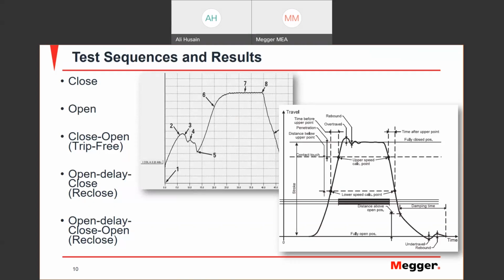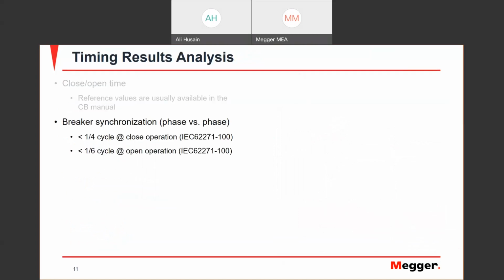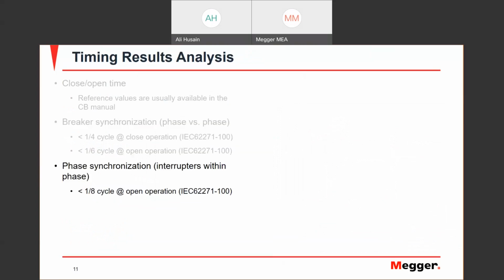Once I acquire these results, I can compare them with the reference values coming from the factory acceptance test, and I can compare them with the standard, or between phases, phase versus phase, so that they have very similar times between the phases during the close operation or the open operation.